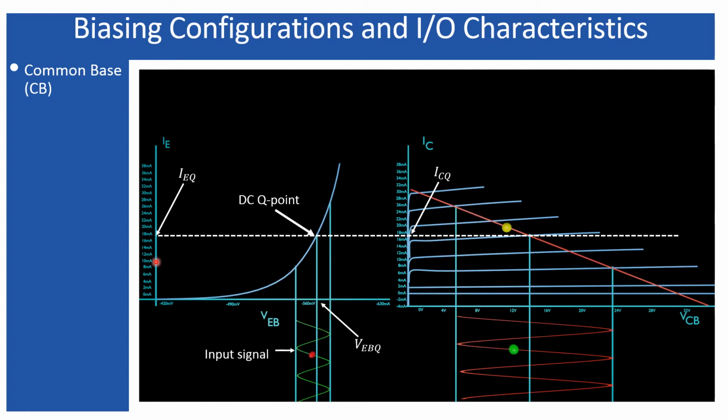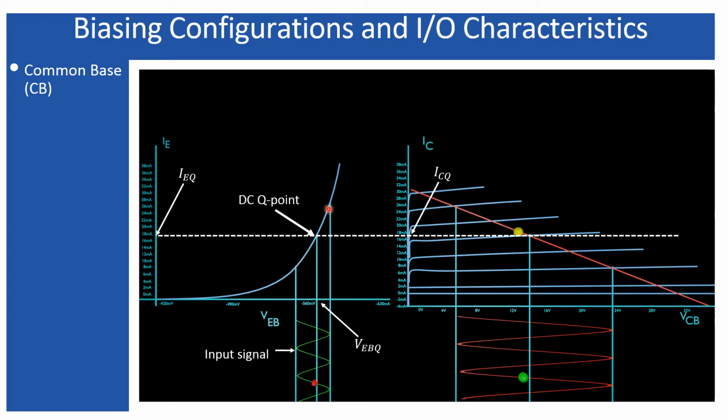And in my last lecture, I explained the origin of this family of curves on the output characteristics. That is, each individual curve was due to each individual value of the IE current. So right now, as IE is varying around the IEQ or DC Q point current, so does the family of curves also vary like this. So on the input side, the load line is varying, but on the output side, the load line is not varying, it is fixed, but the characteristics are varying. The family of curves are varying on this side.